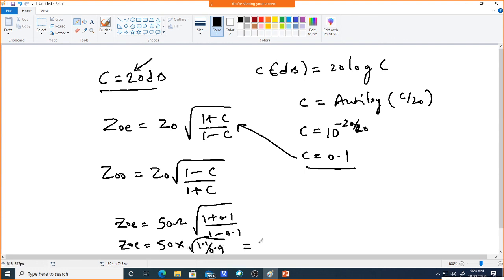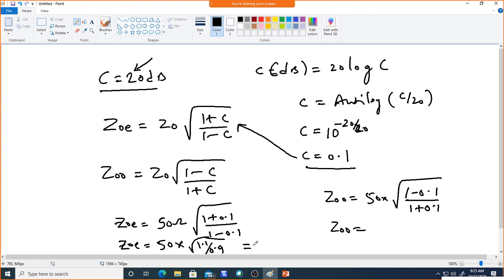So what is the odd mode impedance? Calculate and tell me. Similarly, ZOO is equal to 50 into square root of (1 minus 0.1) divided by (1 plus 0.1).